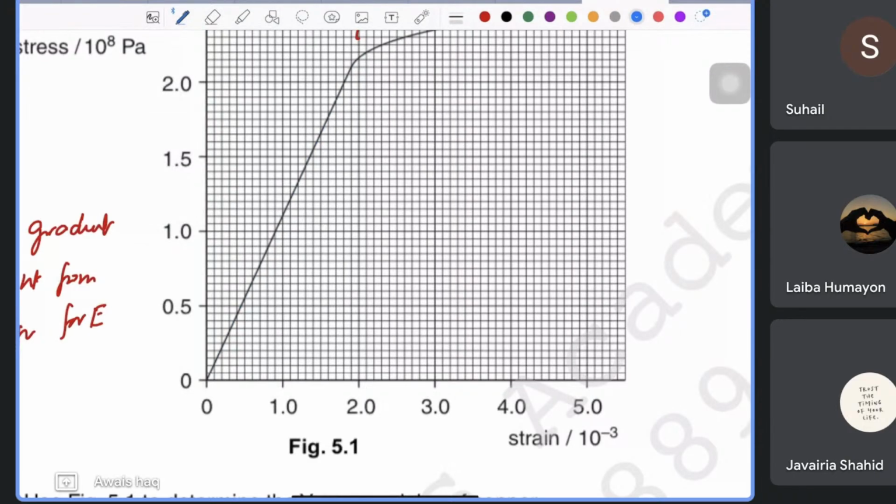I would generally want to take an easier point, and I think this one is quite easy for me. So I'm going to go here, and the strain is 1.0 times 10 raised to minus 3, and the stress is 1.1 times 10 raised to power 8, as you can see.